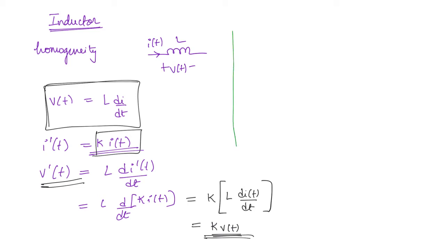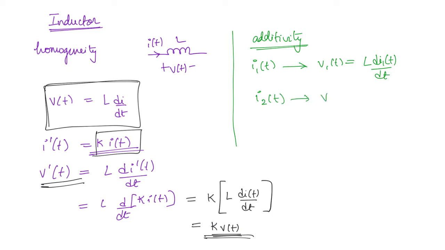Now let's see the additivity property. Here you have to take two inputs. For input I1 of t, what will be the output voltage? V1 of t will be equal to L di1 of t by dt. And due to some input I2 of t, you will have the voltage V2 equal to L di2 by dt.